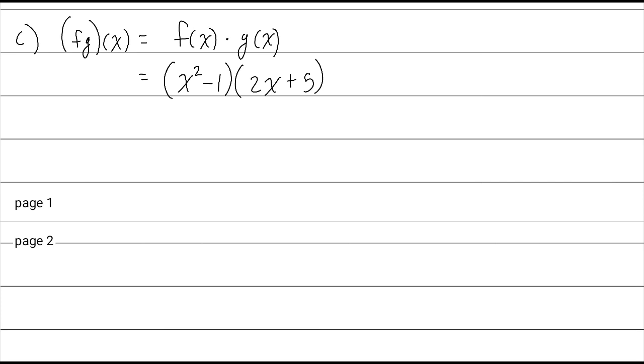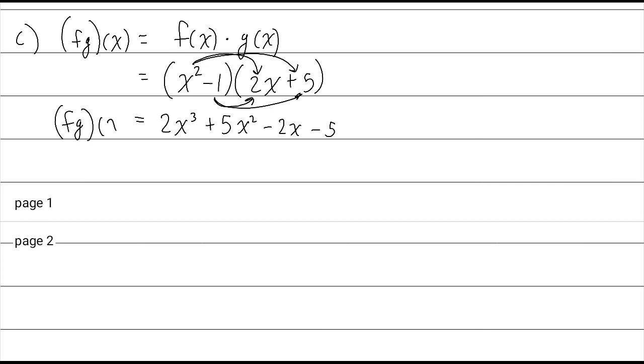Expand it out, I should say. x squared times 2x is 2x cubed. x squared times 5 is 5x squared. Negative 1 times 2x is a negative 2x. Negative 1 times 5 is negative 5. Okay, and I actually don't have any like terms there, so I can't simplify it any further than that. That is f times g of x.